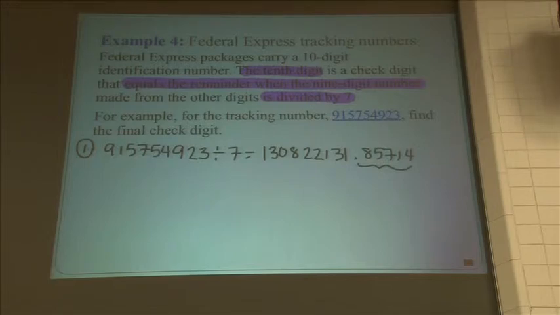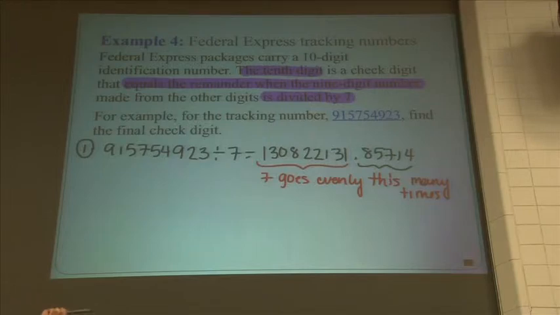Instead, what you need to pay attention to is this part right here. So 130,822,131 is how many times 7 goes into that tracking number evenly.